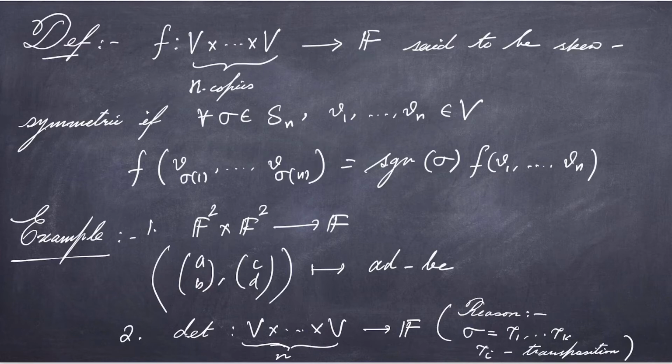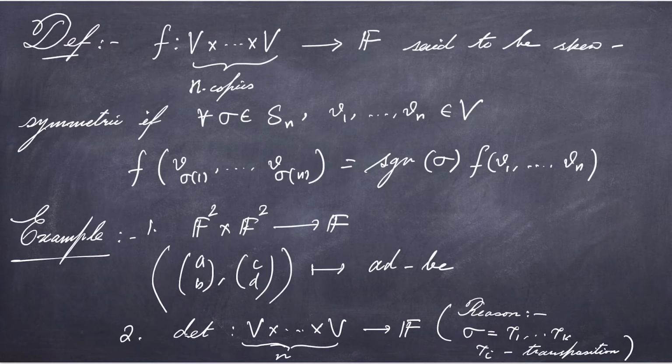And more generally, the determinant function which we wish to define, if that exists, has to be skew-symmetric. Why? That's very easy. If you start with any permutation, we know that can be written as a product of transpositions. So for any v1, v2, ..., vn, first we rearrange the vi's by tau k, and at the level of value it will contribute a negative sign.